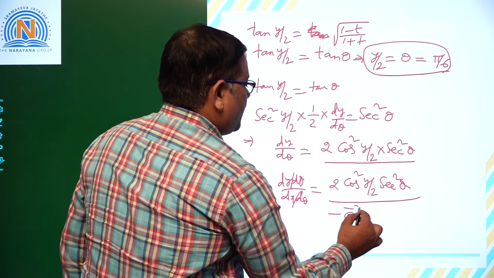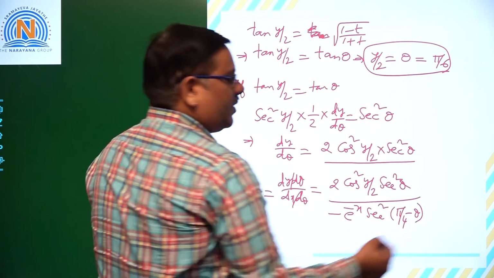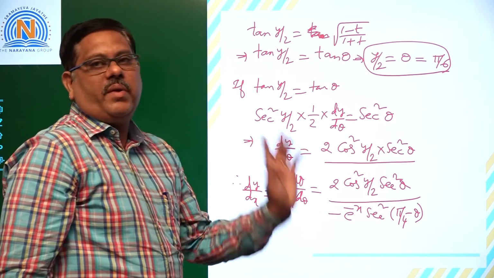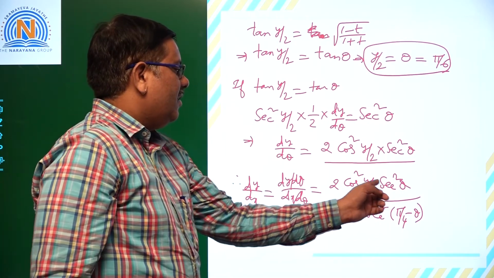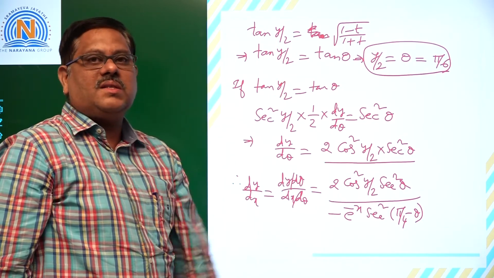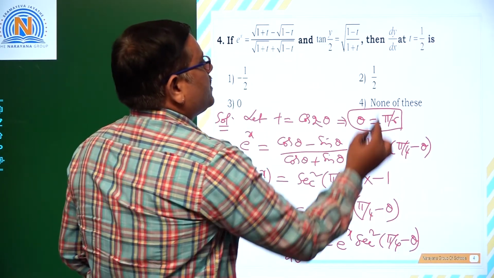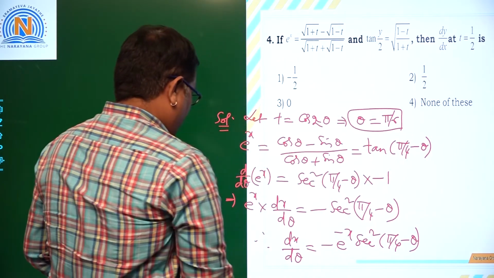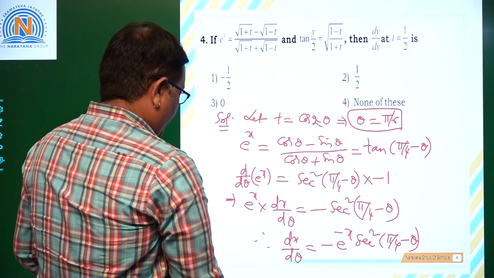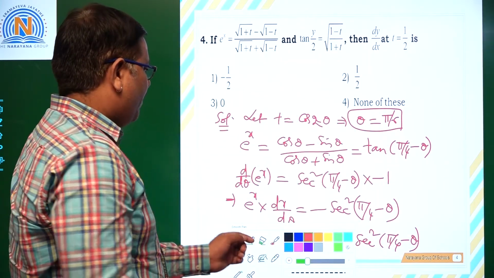Now what we have to find out is the value of e power minus x, and substitute, because the result is asked at t equal to 1 by 2. So he is asking dy by dx at t is equal to 1 by 2. According to that, let us try to simplify.